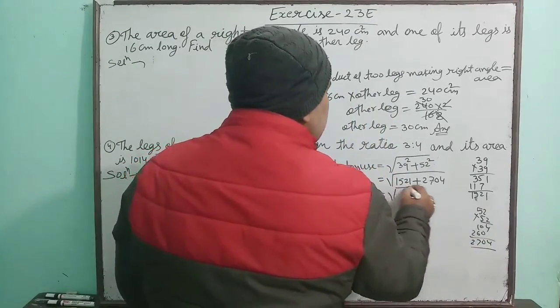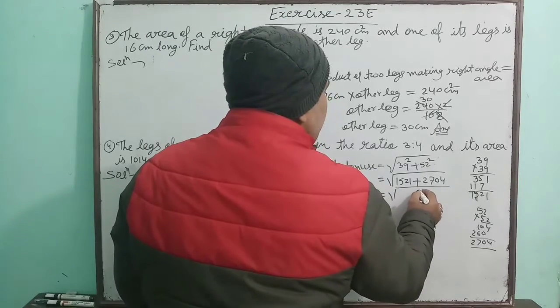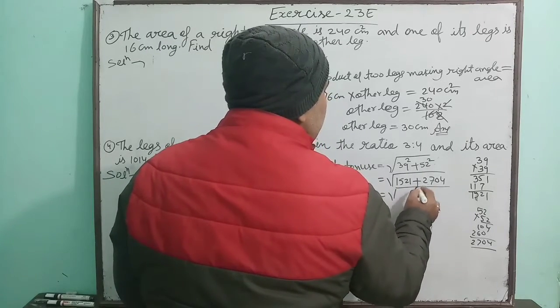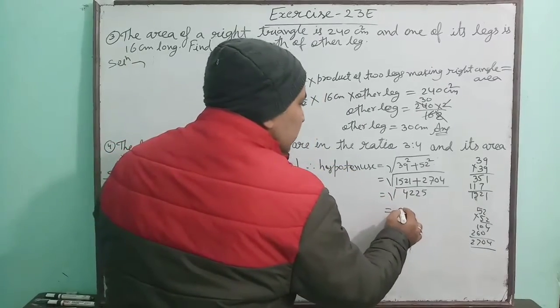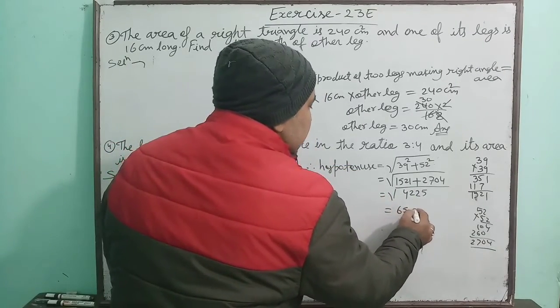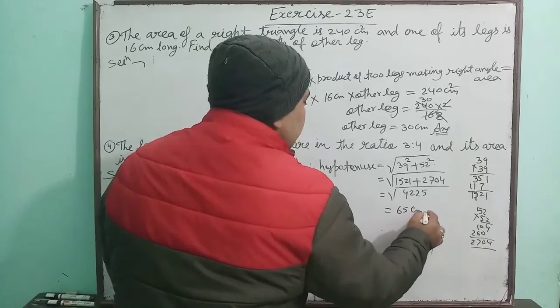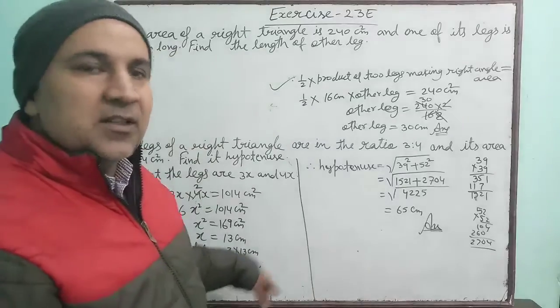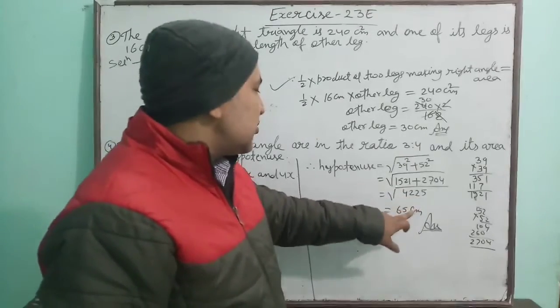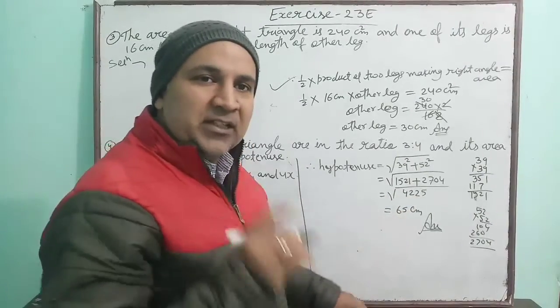By adding these two, we get 4225. Now see, square root of this number is 65 centimeter. That means hypotenuse is 65 centimeter. How do I know that this is the square of 65? That method I have told you.